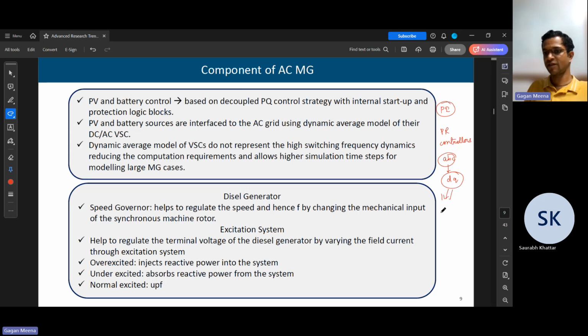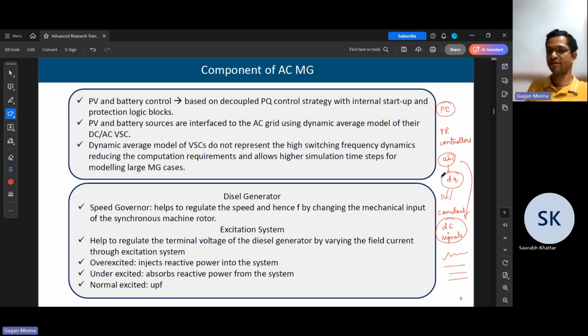And these DQ signals are constant signals. Or I would say DC signals. During transient, they might change, but in steady state, they will be constant values. So from sinusoids, we get DC signals, and these PI controllers work with DC signals.